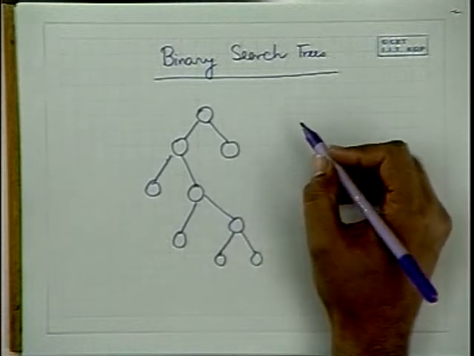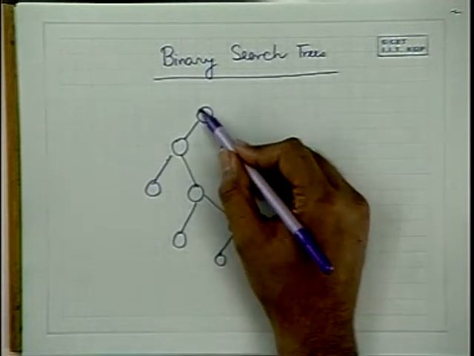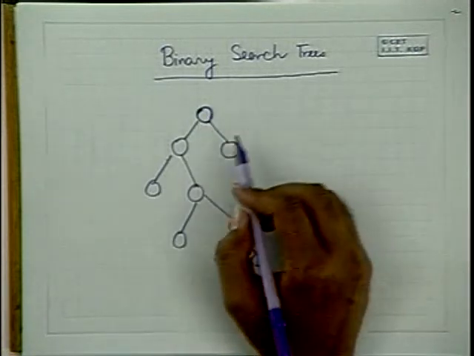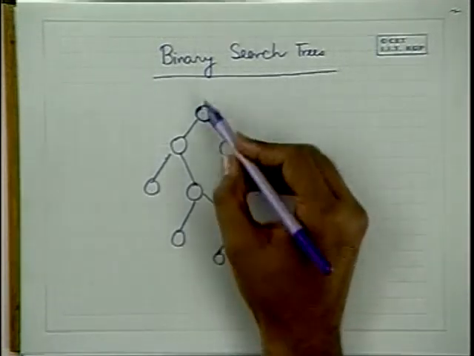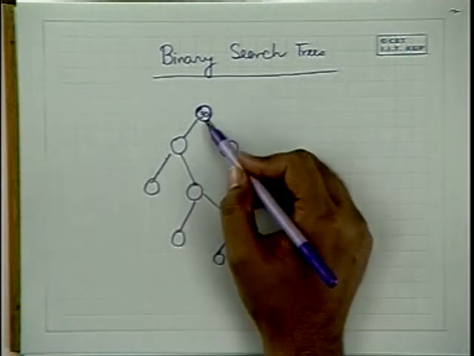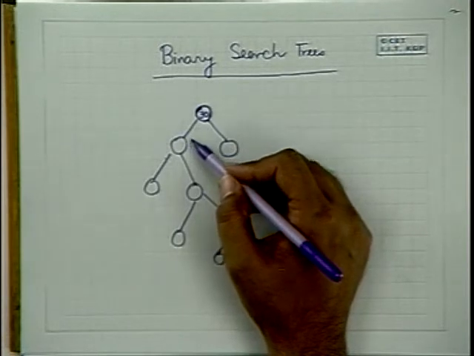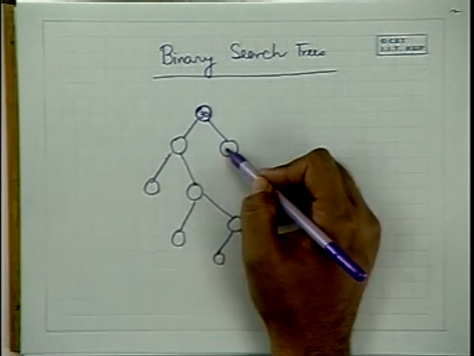Suppose all my key values are integers. The major feature of a binary search tree is this. If you have a value, say 30, each node, since it is a binary tree, has either one or two children, a left child and a right child.